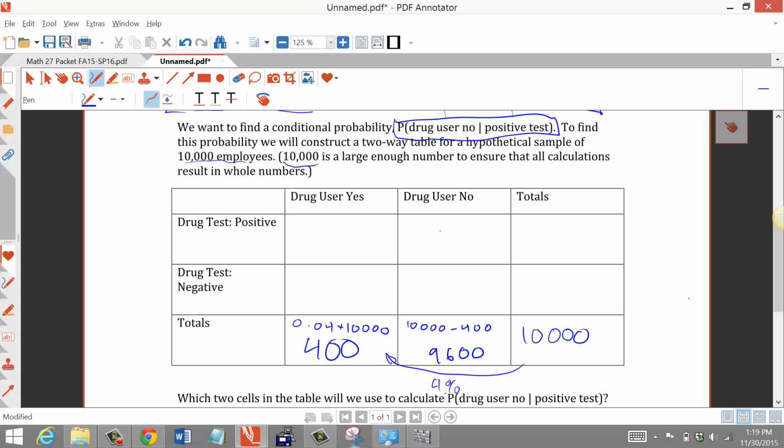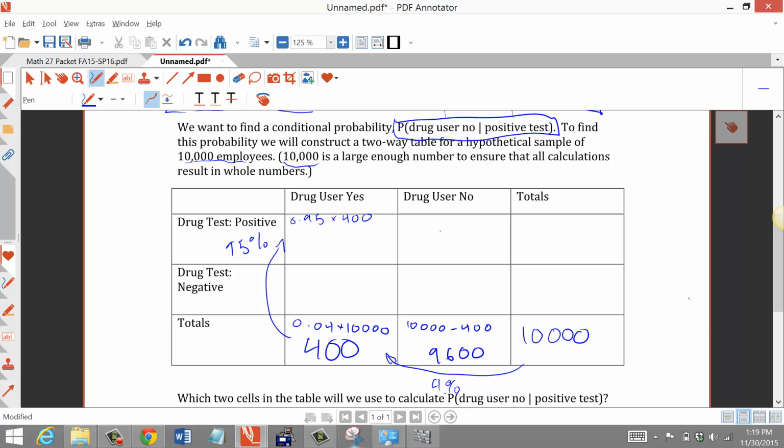Okay, so now the 95% accuracy can help us fill in these up here, which is, okay, so suppose the test is 95% accurate. That means that 95% of these 400 drug users are going to test positive because they actually do have the drugs in there. So 0.95 times 400 is, let's see, I'm going to use a calculator to figure that out really quick.